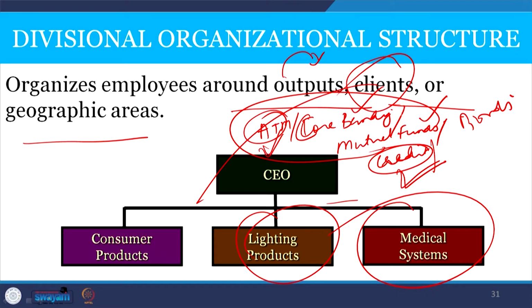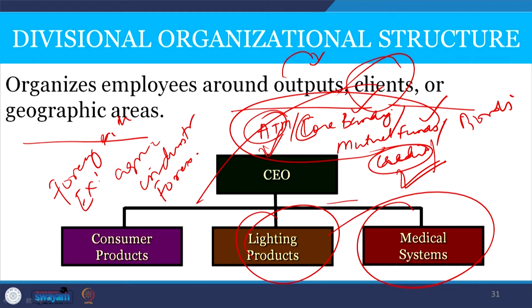Say for example, if the organization is targeting the customers, or on the basis of the target customers, the divisions are also formed like agriculture banking division, industrial banking division, then forex banks or foreign exchange banks, then Exim Bank, Export Import Bank and so on.